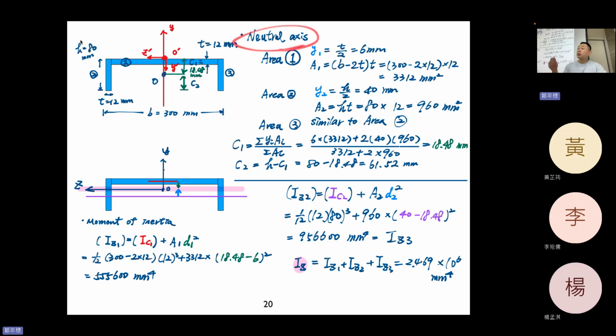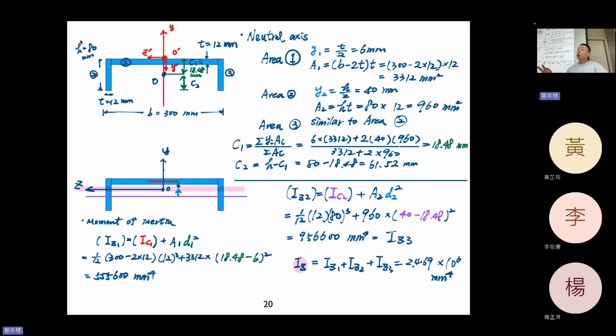So the neutral axis is done, and then you need to calculate the moment of inertia. You see there are three areas, but the areas all rotate about the neutral axis. So you need to move each area's central axis to the real rotational axis.